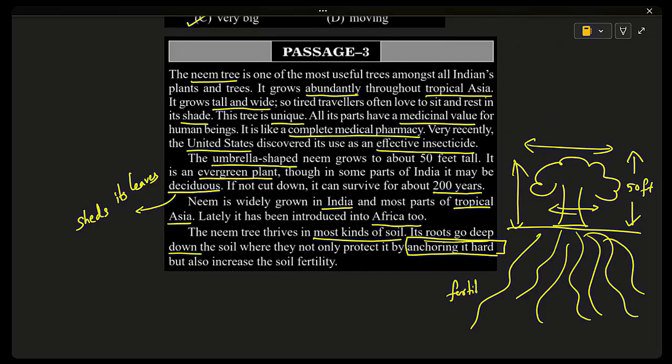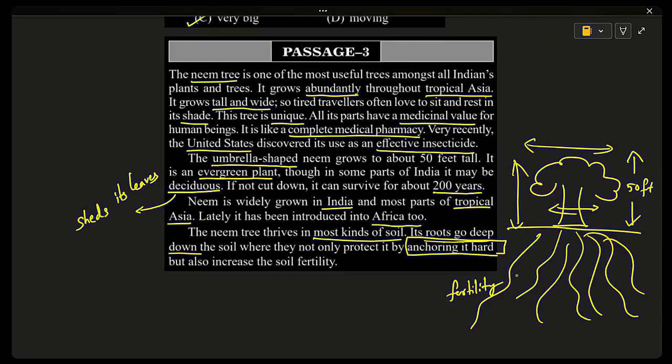What do you mean by fertility? Fertility means if you try to grow any crop in the soil, one time you get a good crop, the second time the amount of crop you get will be decreased, and the third time also you do the same thing. As you are growing more crops in the soil, all the nutrients in the soil are used by the old crops and the new crops are not getting the nutrients.